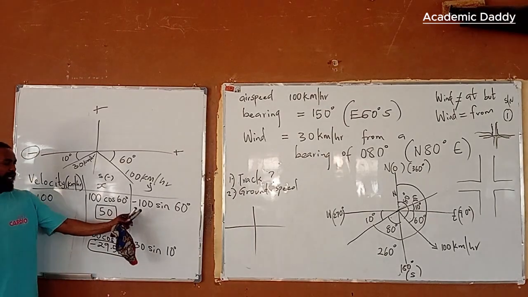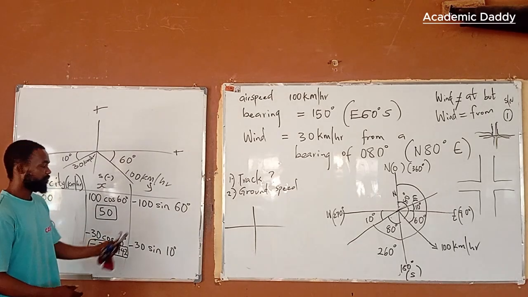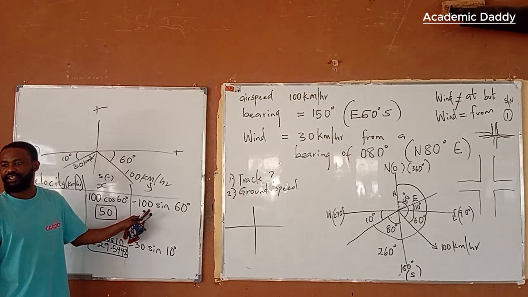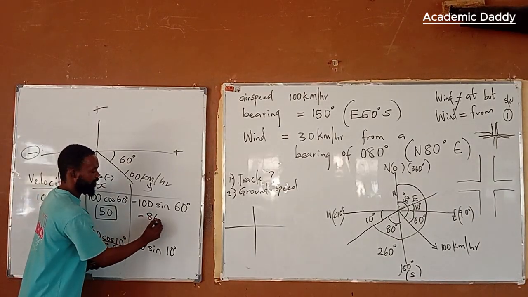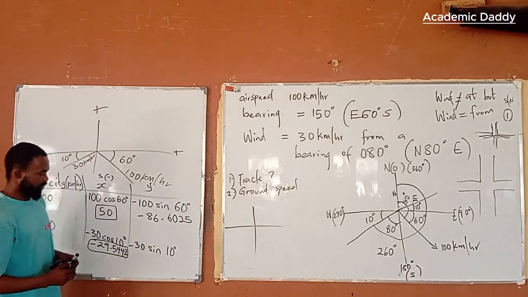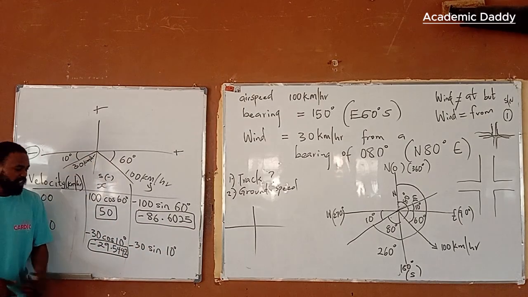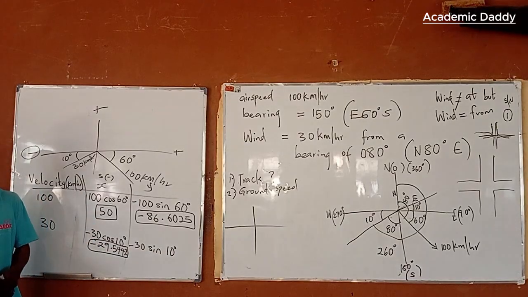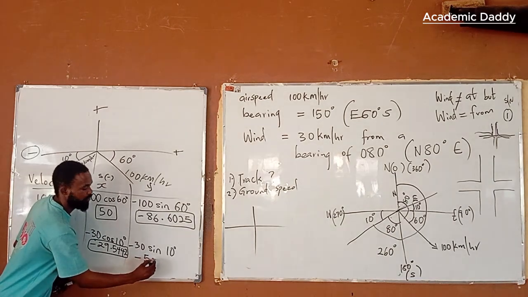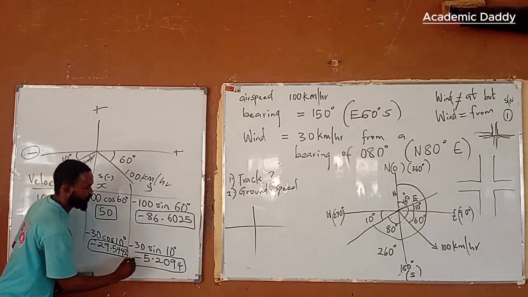Minus 100 sine 60, do for me. Minus 86.6025. Now punch for me minus 30 sine 10 degrees. Minus 5.2094. Just always approximate to 4 decimal places, and that is it.